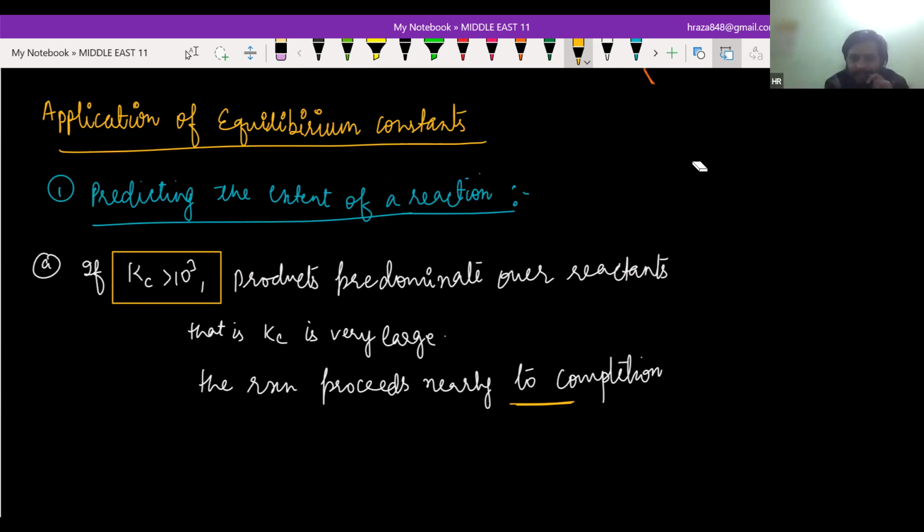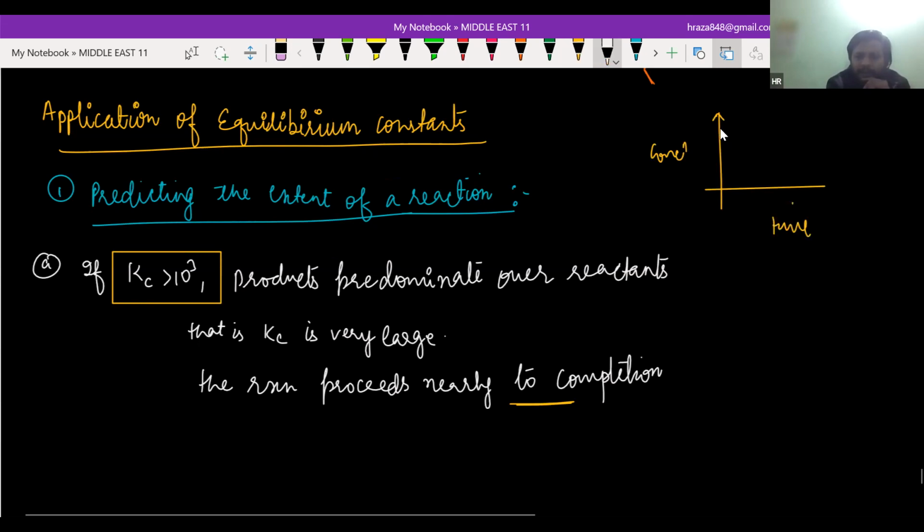The third graph that I plotted in concentration versus time is like this. In the third or second graph, it was like this.